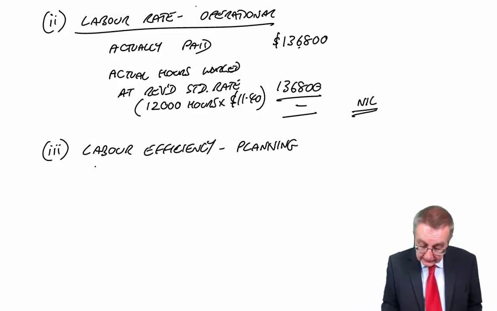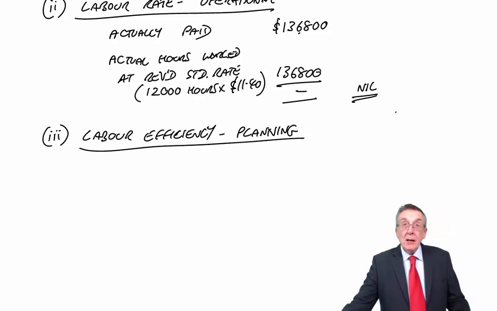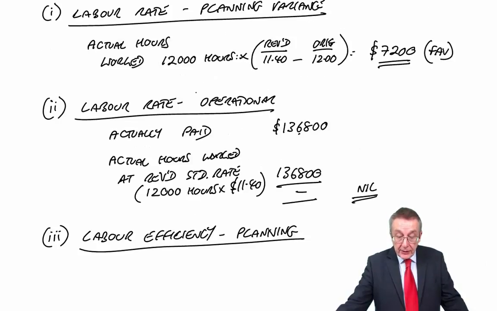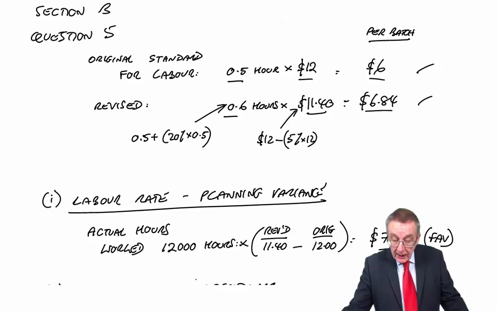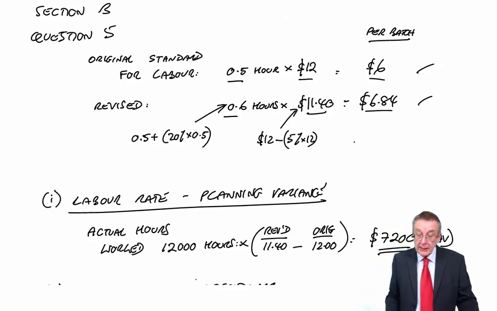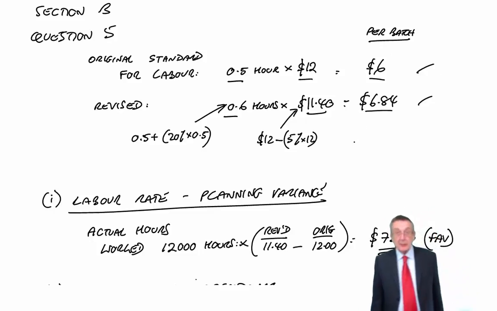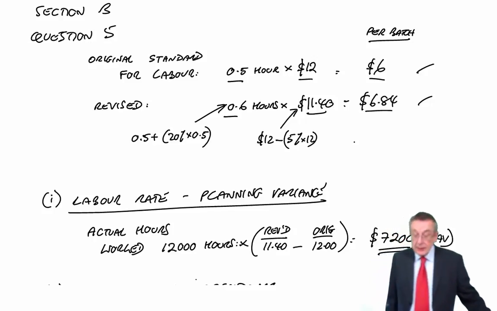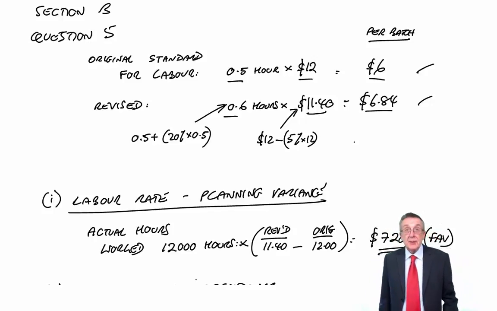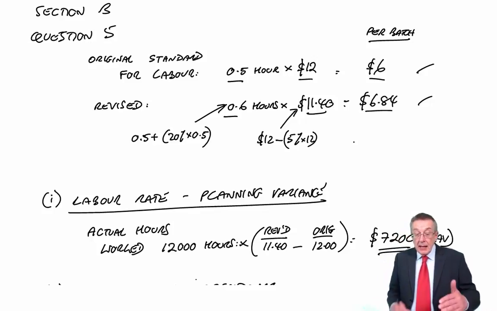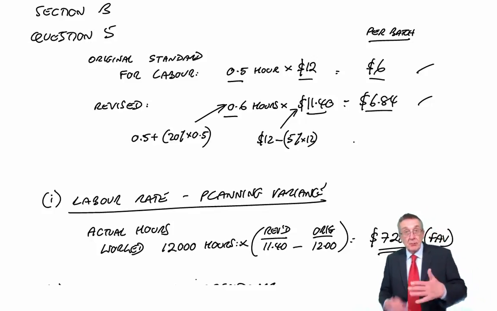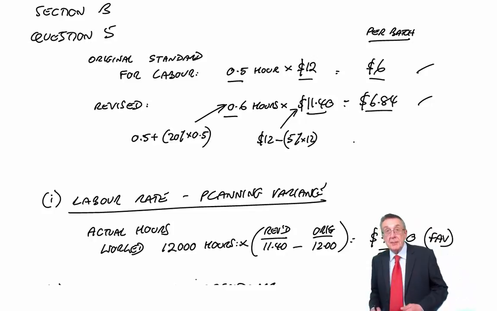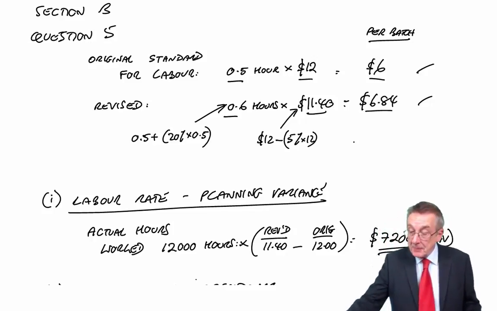Well, I already know straight off whether it's going to be favourable or adverse, surely, because our original budget was that it should take half an hour for each unit. We revised it that it'll take 0.6 hours. So clearly, when we change the plans, when we revise the budget, we expect to take longer. We expect it to cost us money.